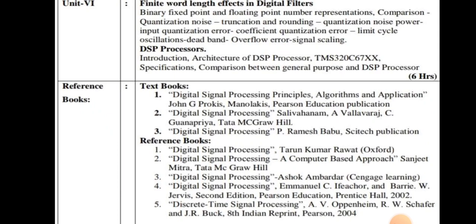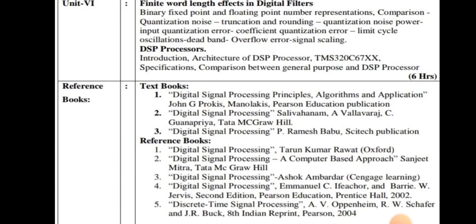From my point of view, DSP by Salivahanan and Vallavaraj, the second textbook, is good. Again, Ramesh Babu, Digital Signal Processing by P. Ramesh Babu, is also a good book. And from the reference books, you can use the Tata McGraw-Hill publication for short notes of this subject.